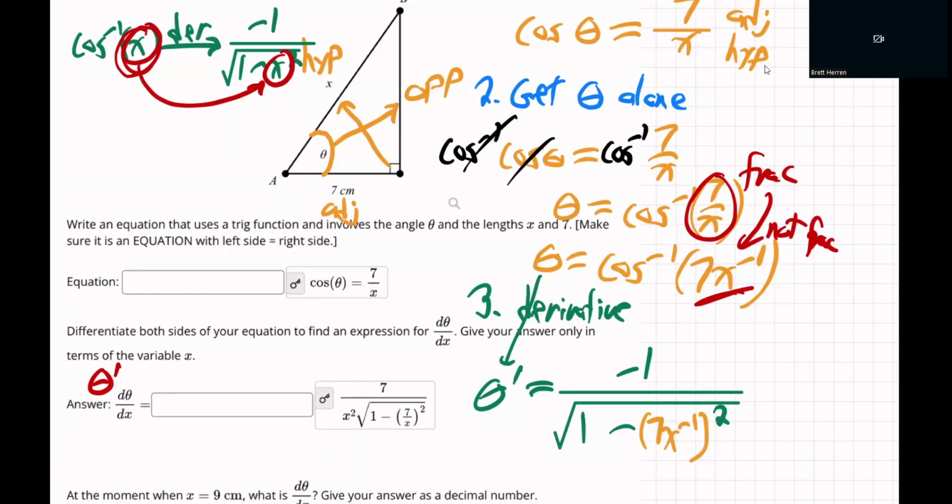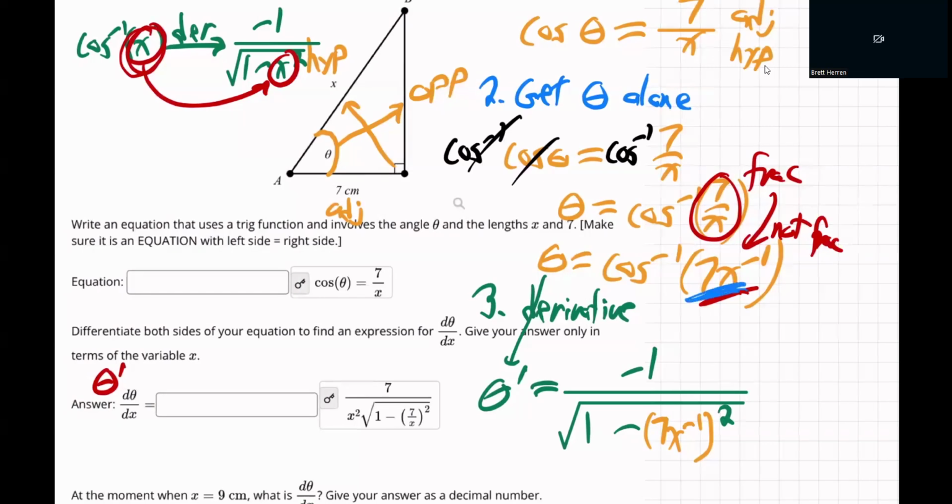But we're not done there either. Why not? Because chain rule. The inside is not a simple x, so we must do the chain rule. Remember that?